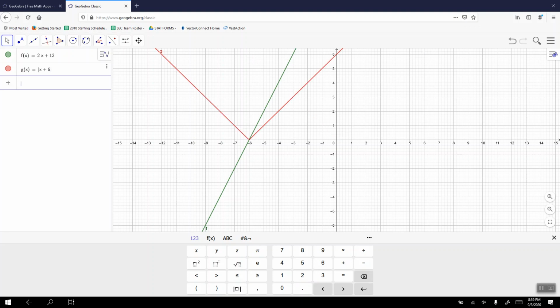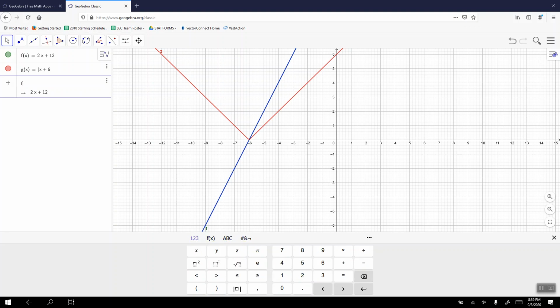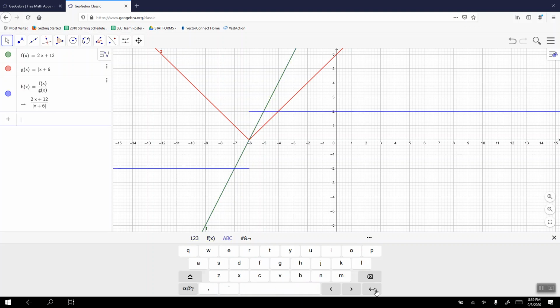There we are. And then I'm going to take my numerator, which in this case is my function f of x, and I'm going to divide it by g of x. And I'm going to hide the other functions. There we are.